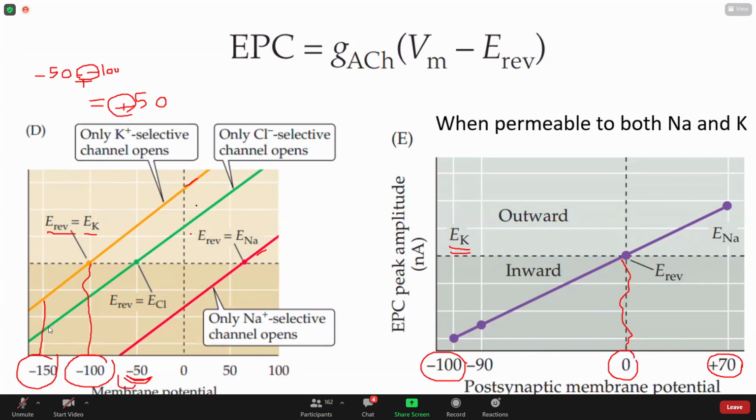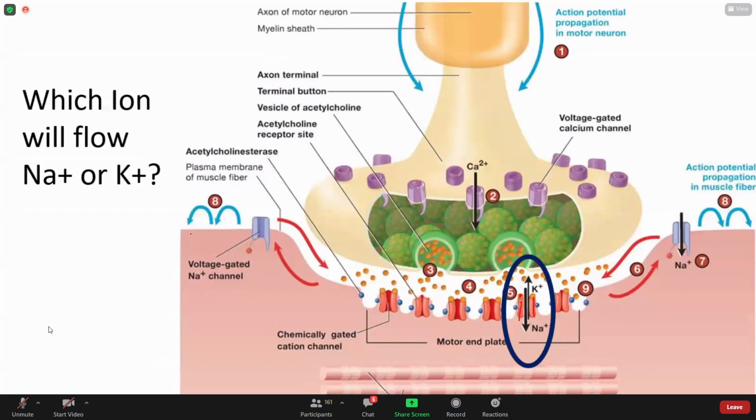Equals, like we explained in the previous lecture, conductance. Conductance in this case is based on the synaptic neurotransmitter release, which is acetylcholine, binding to the cholinergic receptor. Is that clear? So depending on how much acetylcholine is present, these are not voltage gated, right?